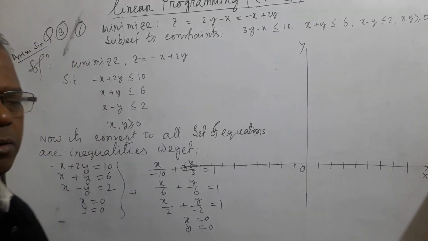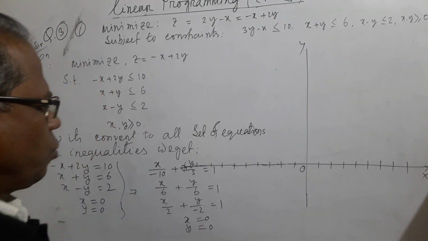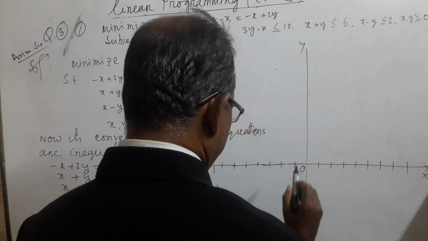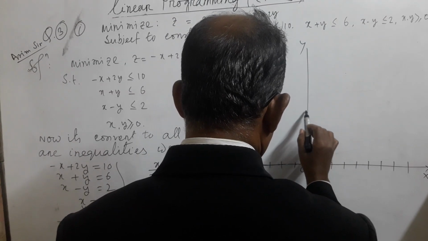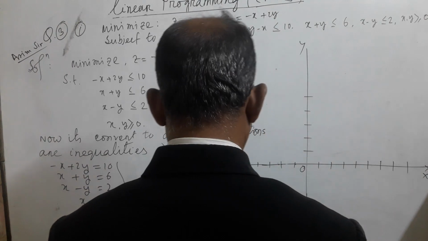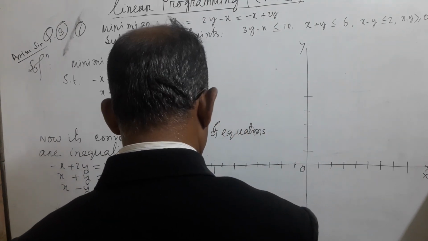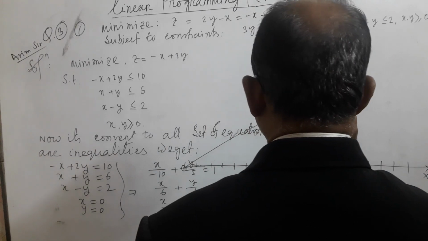This is the point. And y by b equal to 5, that means 1, 2, 3, 4, 5. This is the point.